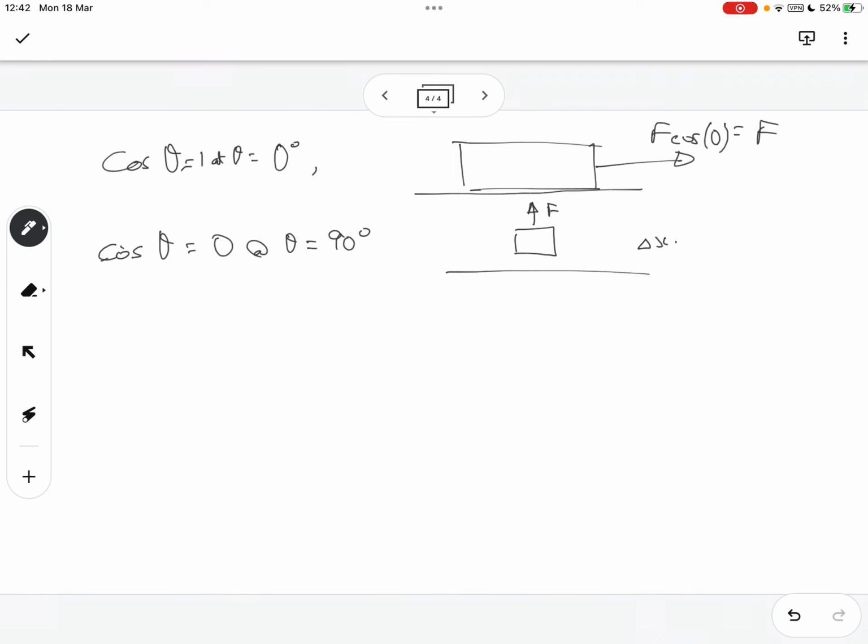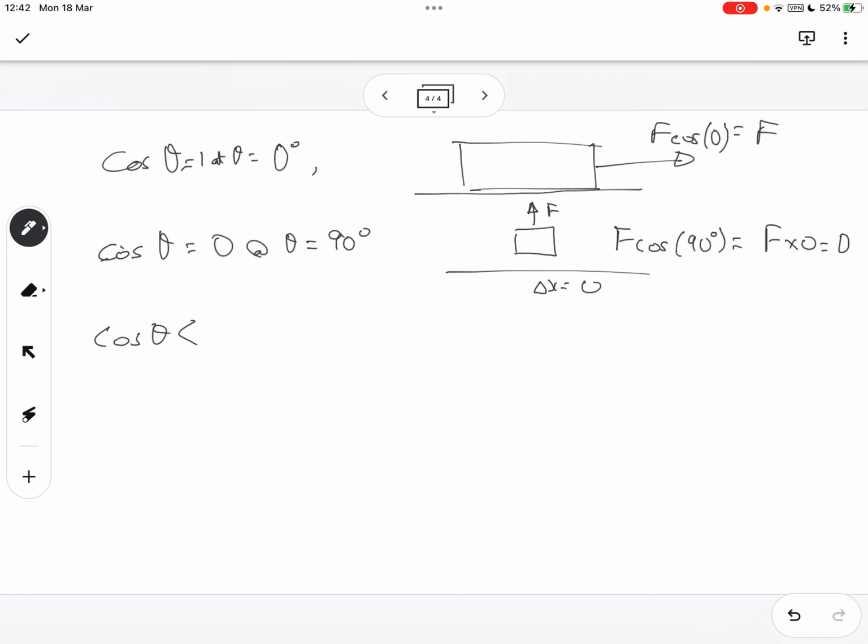Let me rather use the cos: F cos 90 equals F times 0, which means the work done is 0, even if delta x is not 0. So it goes more than one way.